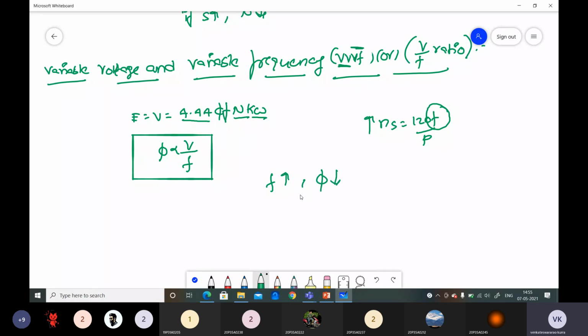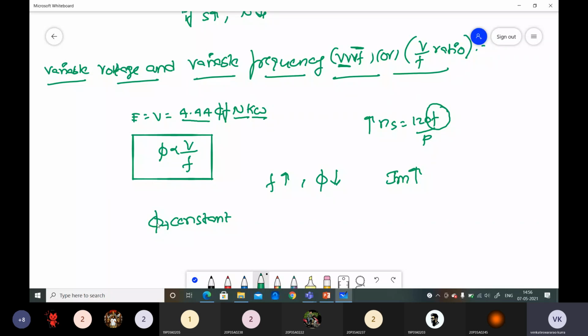Then the flux decreases. But in an induction machine, the flux must be constant. We need to maintain the flux constant. To compensate for the decreasing flux, the motor draws additional current, that is, magnetizing current Im. So the machine draws excess current, and the winding may be damaged. In order to overcome that problem, we need to maintain the flux constant.